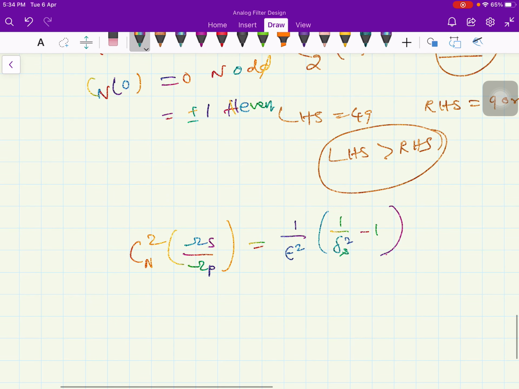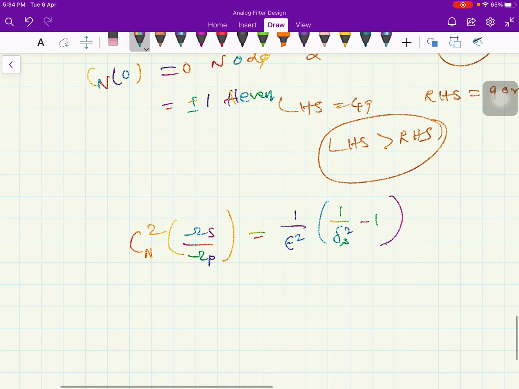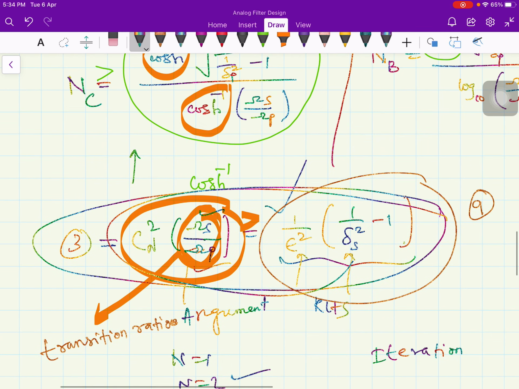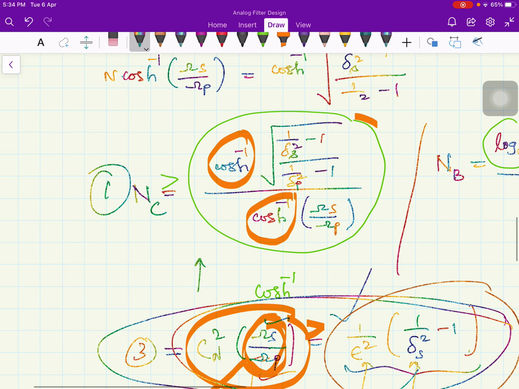So in case you don't like this formula, you can use an alternative relationship. This is the second formula, and this one is the first formula.